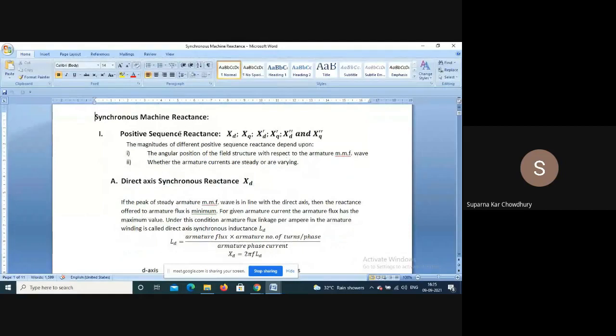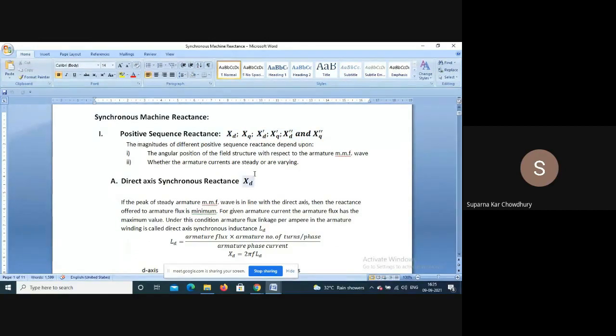We define positive sequence reactances: XD, XQ, the direct axis synchronous reactance and quadrature axis synchronous reactance. Then XD dash, direct axis transient synchronous reactance, and quadrature axis transient synchronous reactance. Then direct axis and quadrature axis subtransient synchronous reactances.